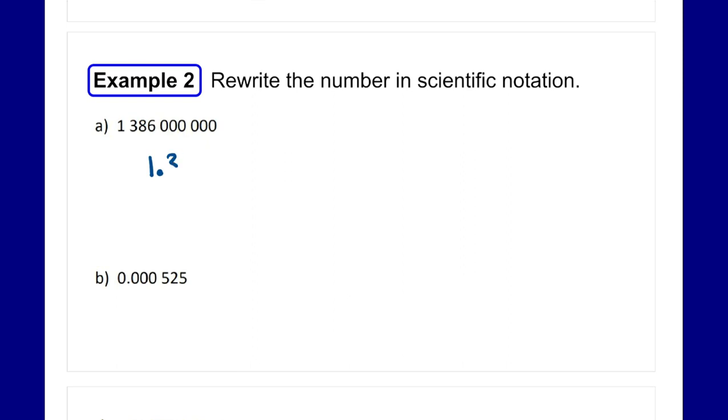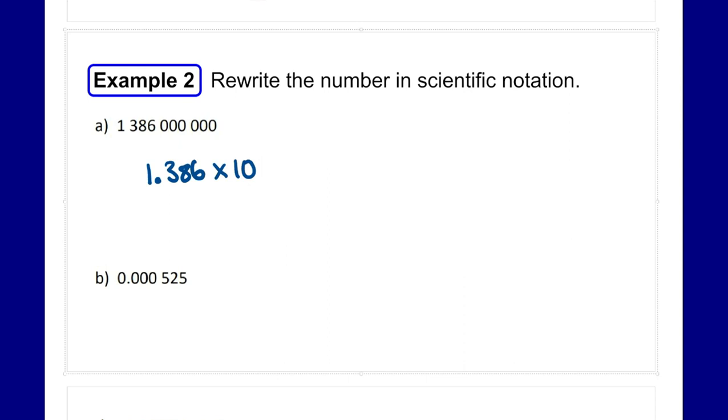So 1.386. I'm only going to write out the digits that are not 0. The next thing we need to do is multiply it by a power of 10. So we have to figure out, okay, how many tens do I need to multiply it by to get this value?